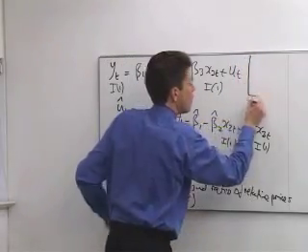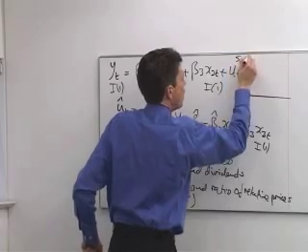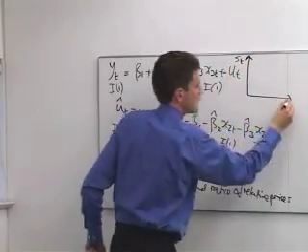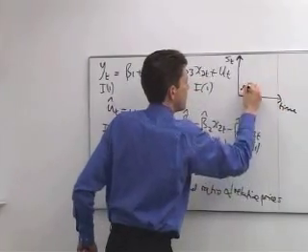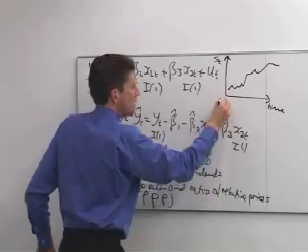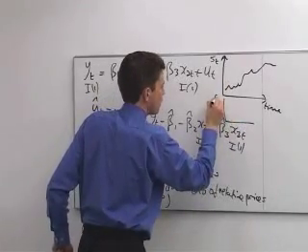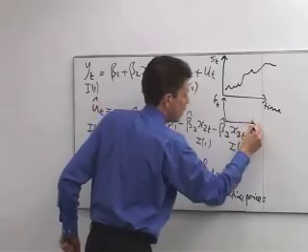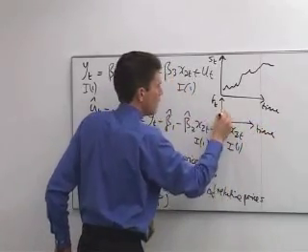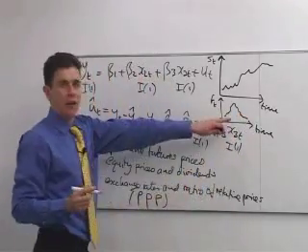So we may, for example, be able to plot the spot price on the y-axis against time here, and maybe it does something like this, and we may plot the futures price at time t over time, and maybe that does something completely different like this.